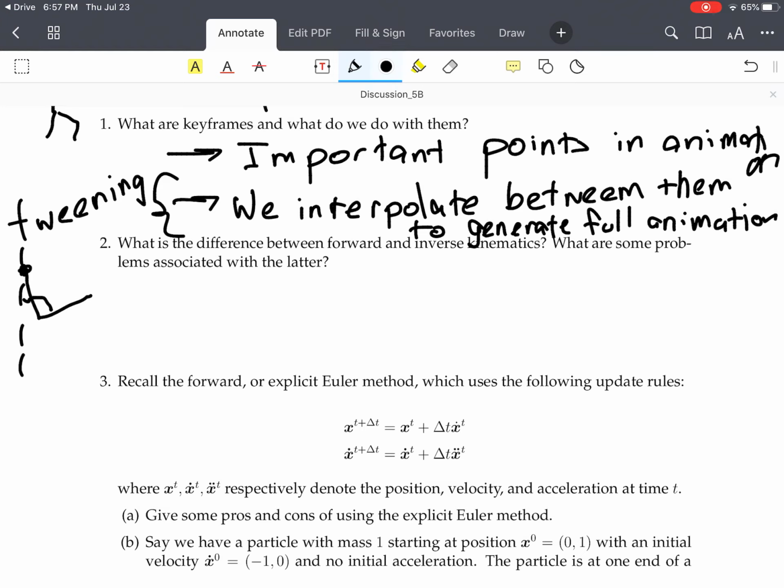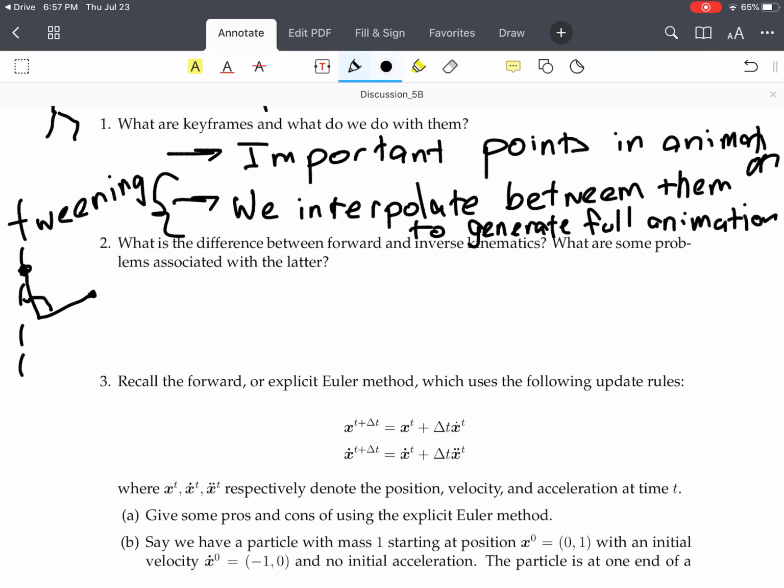We give it the angle of the elbow, this angle and that angle, and then we ask what the final position is. We know that because we're giving it the angles, and that's how we know exactly where this is drawn. So we give the angles, and the computer draws the final position based on them. Inverse kinematics is the opposite.